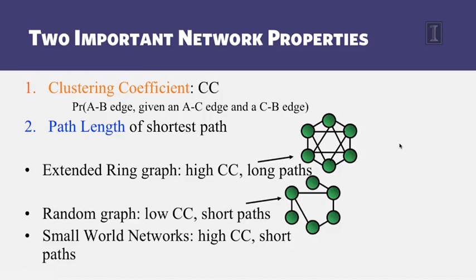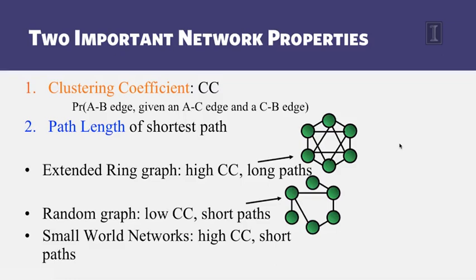If the value is 0, then it means that essentially this is a very highly unclustered graph. For instance, tree networks have a clustering coefficient of 0. However, if it has a clustering coefficient of 1.0, the highest value possible, then it means that this is a highly clustered network. For instance, a complete graph where every vertex is joined to every other vertex is an example of a graph that has a 1.0 clustering coefficient. But different graphs lie at different points on the spectrum of clustering coefficient and path length.